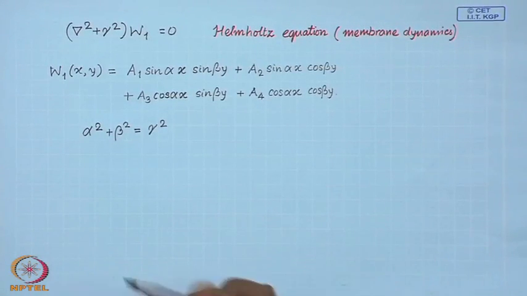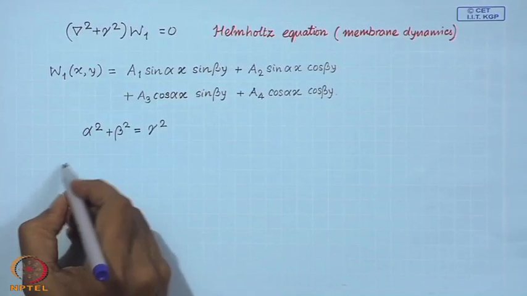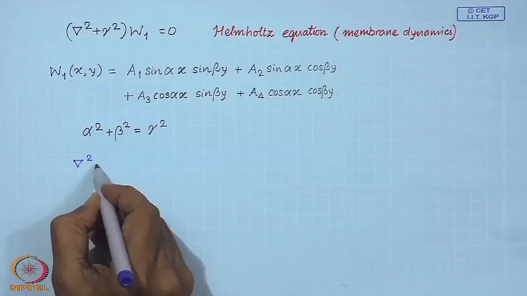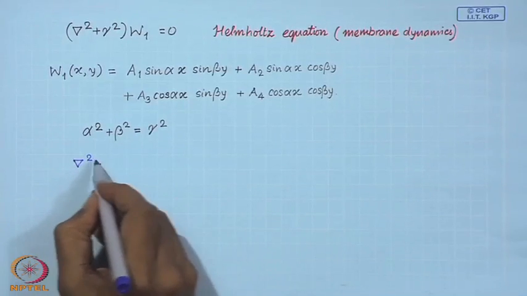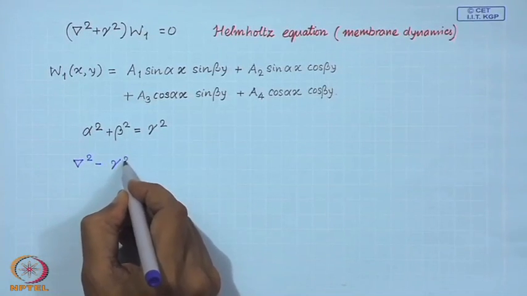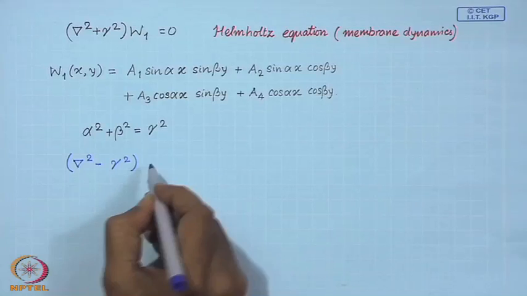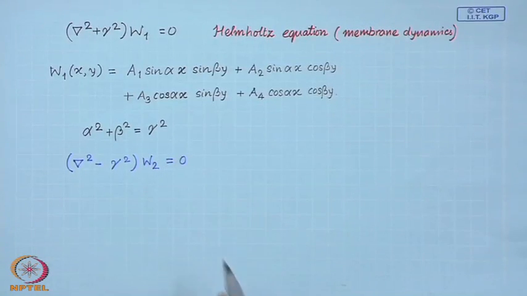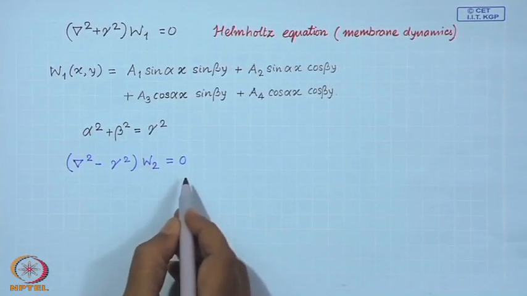Now, let us look at the other differential equation. So, this Laplacian minus gamma square operating on W2 is 0.